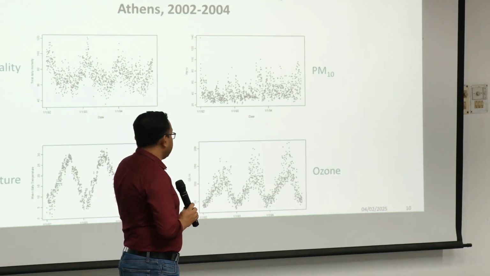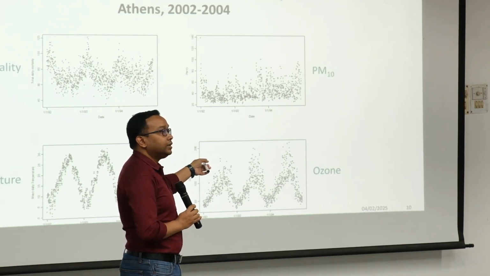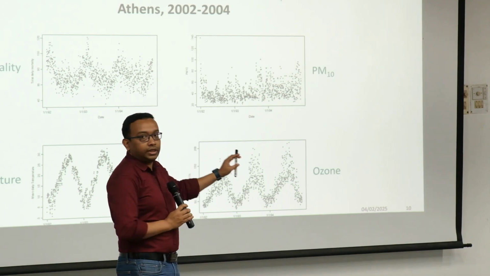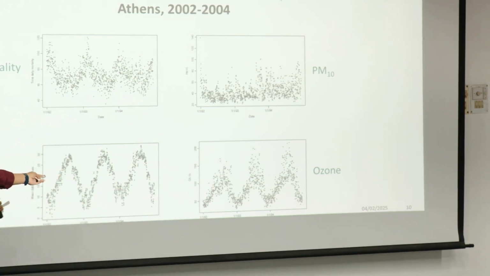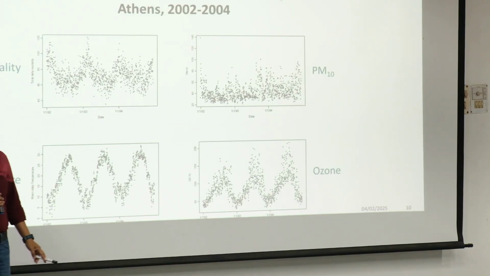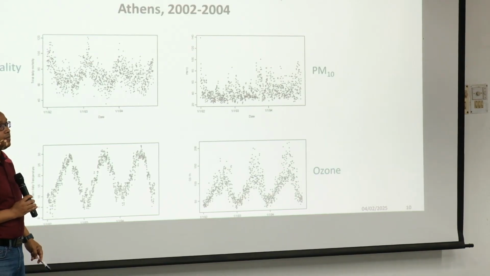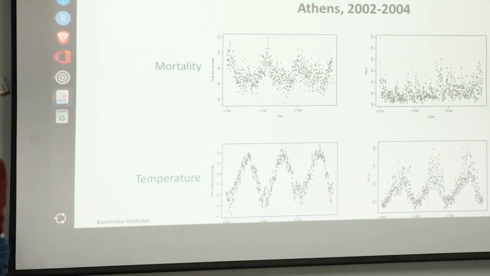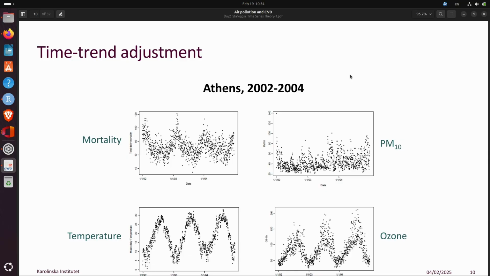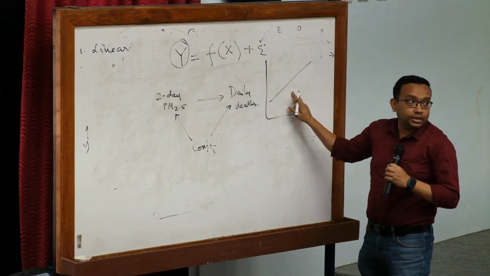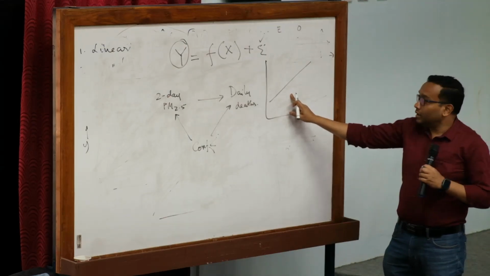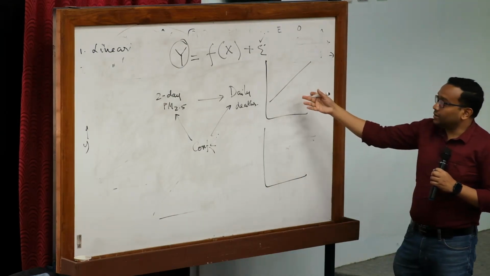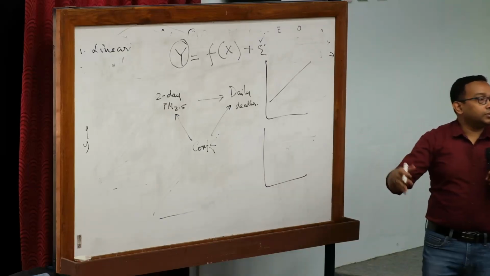If you are modeling this, would a linear function be good? Would a linear function be able to capture this pattern? What would capture the pattern? A linear function doesn't change direction. What comes after a linear?